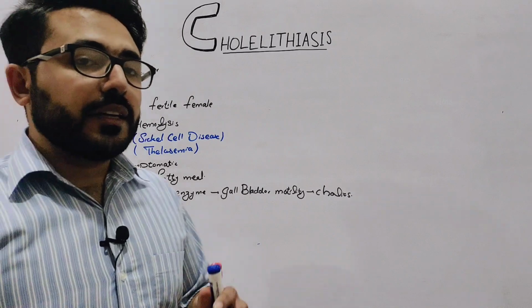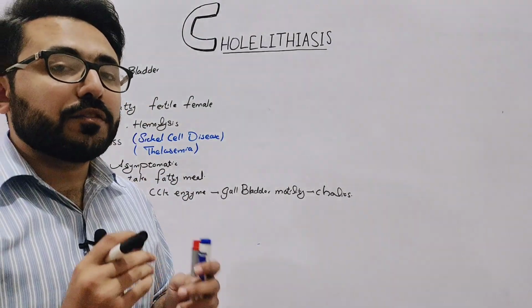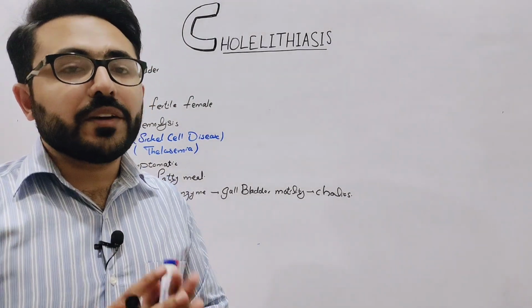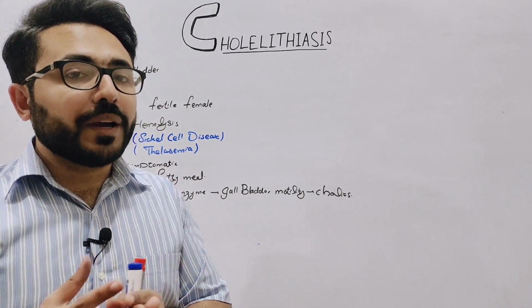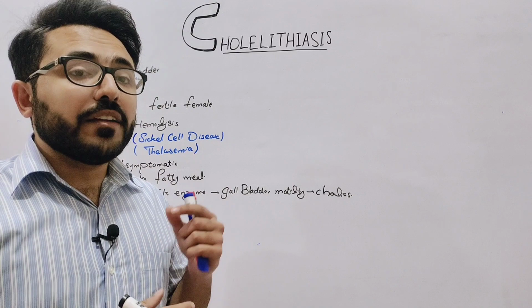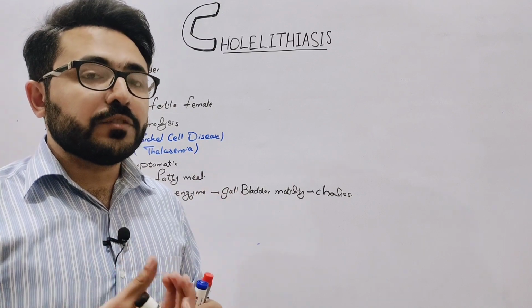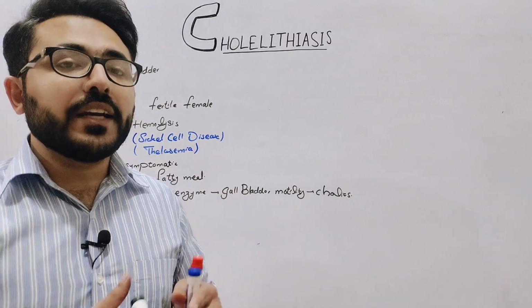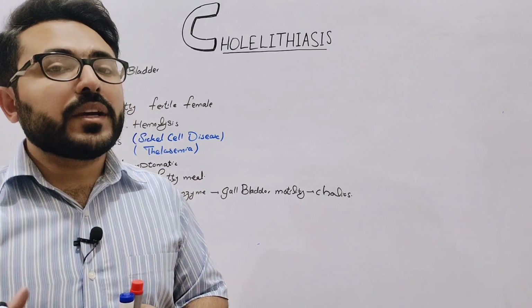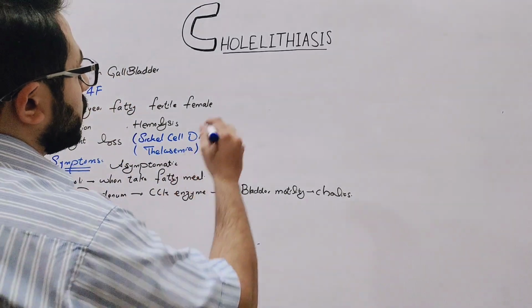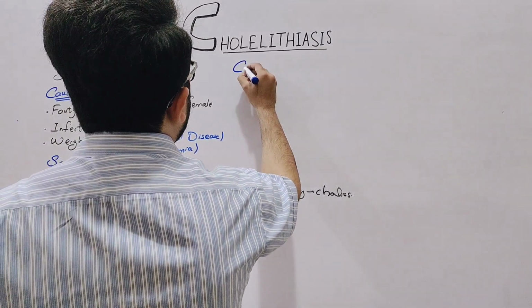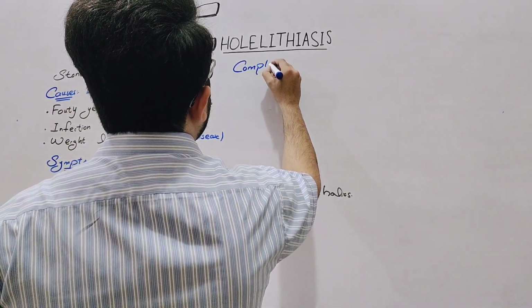But if these stones migrate to other areas like the biliary duct or pancreatic duct, or in some cases if the gallstone is very large, it can perforate and enter the intestine, it may cause some severe complications. What are the complications of cholelithiasis?